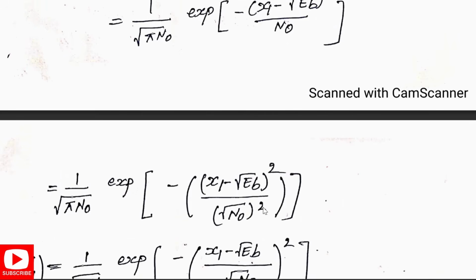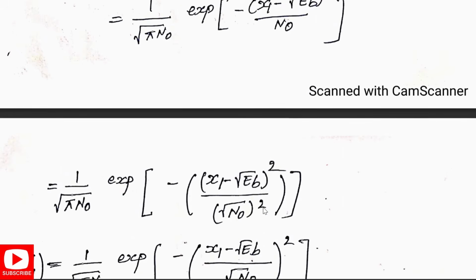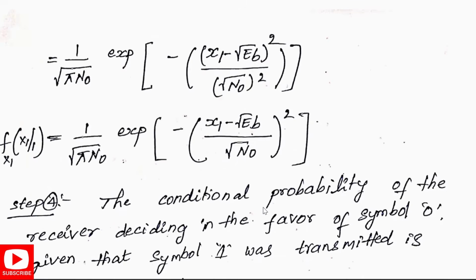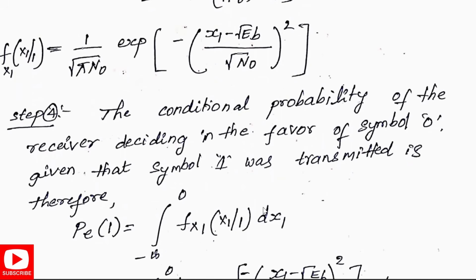Finally, you have to square the numerator and denominator, and then simplifying, we get this expression. Step 4: the conditional probability of the receiver deciding in favor of symbol 0 given that symbol 1 was transmitted.